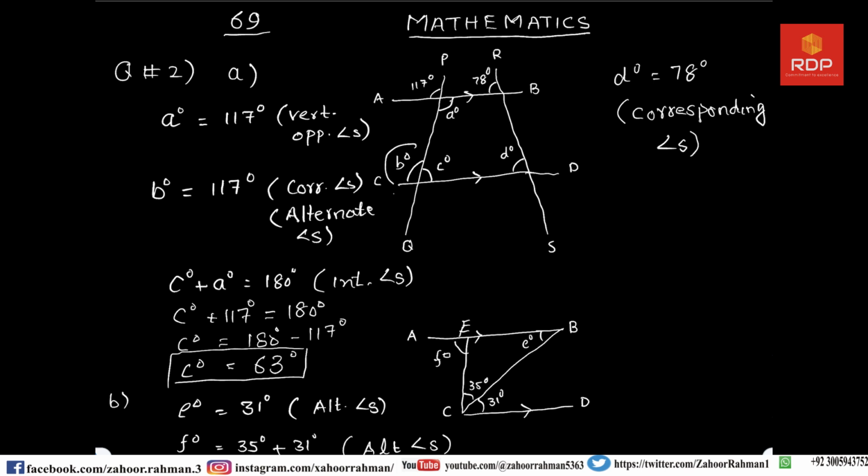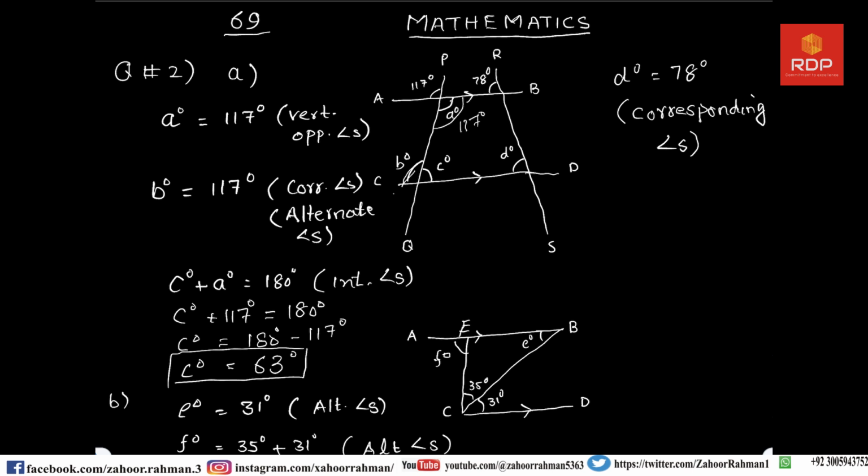Now let's turn our focus to B degree, and B degree is equal to 117, which is this one and this one, and that is due to the corresponding angles. And also due to the alternate angles as well, because we found A degree to be 117 degree.